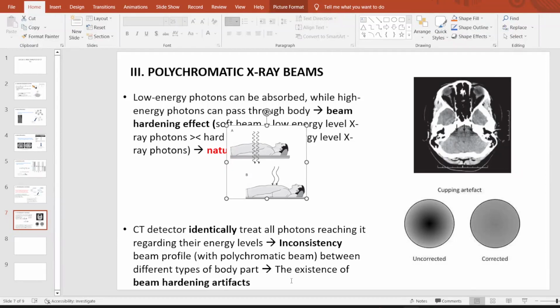That's the reason why this cupping artifact exists. It makes the middle portion of the body in the slices seem denser, because less photons come out, and indirectly makes the doctor read the image as if the peripheral areas are thinner.